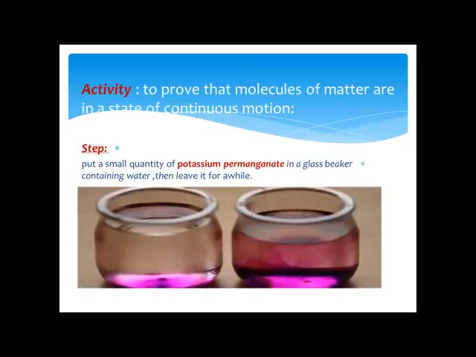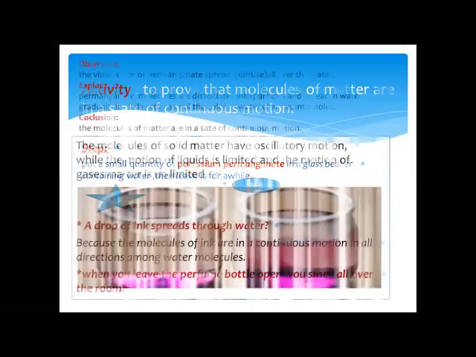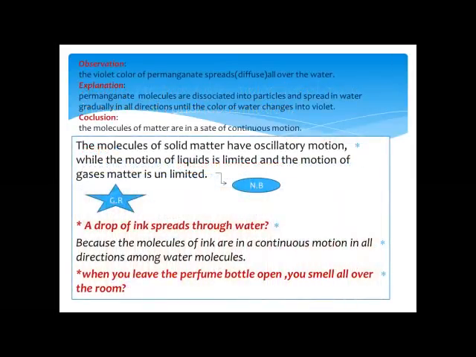Number one, to prove that molecules of matter are in a state of continuous motion, put a small quantity of potassium permanganate in a glass beaker containing water, then leave it for a while. What will you observe? I'll observe that the violet color of permanganate spreads or diffuses all over the water.